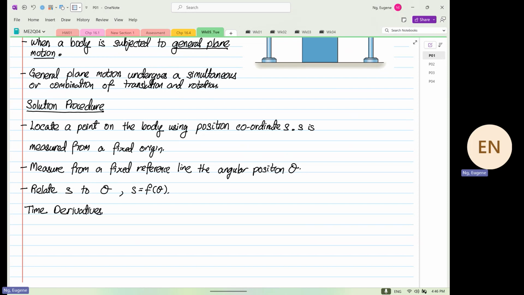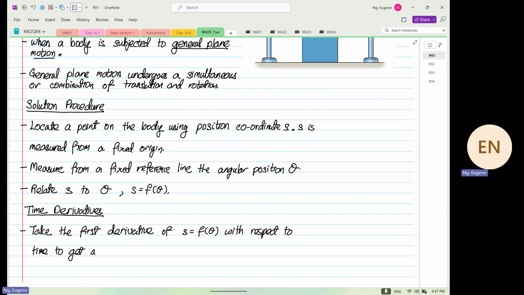So we are going to take the first time derivative of S equal to f as a function of theta with respect to time, to get the relationship between velocity and omega.